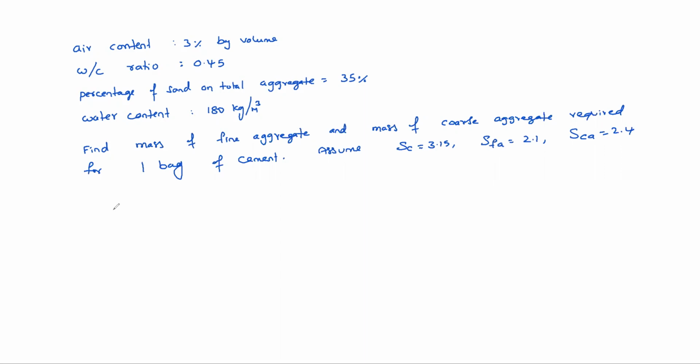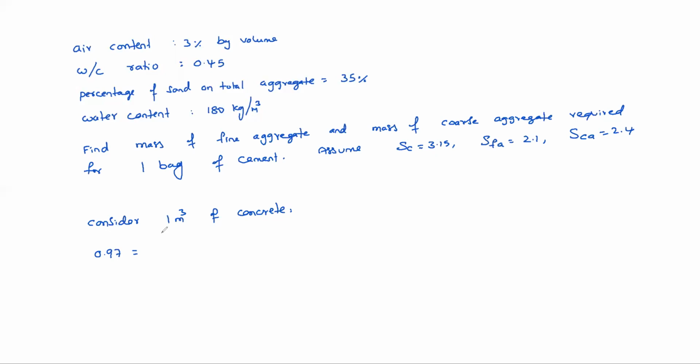So first consider 1 meter cube of concrete. Actually the total volume is 1 meter cube. So air is 3%, which means 0.97 only will be the total volume of these solids.